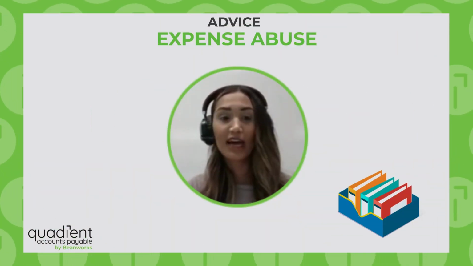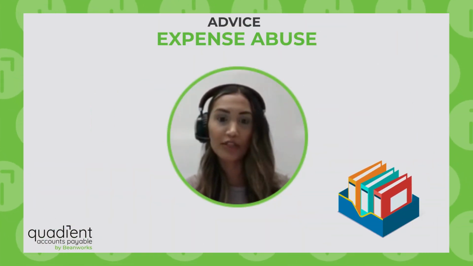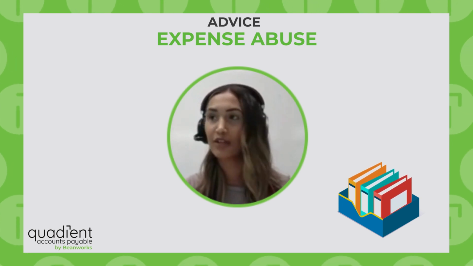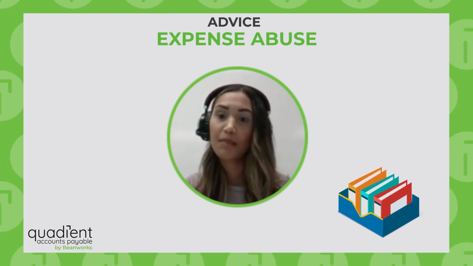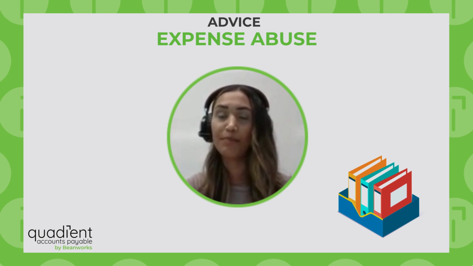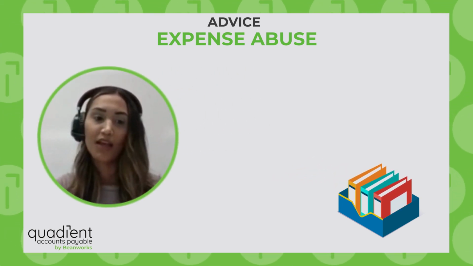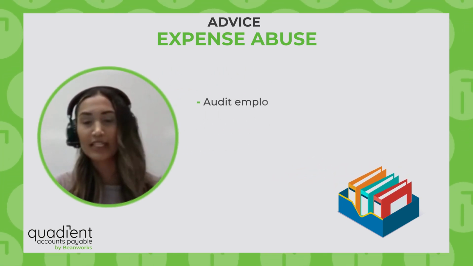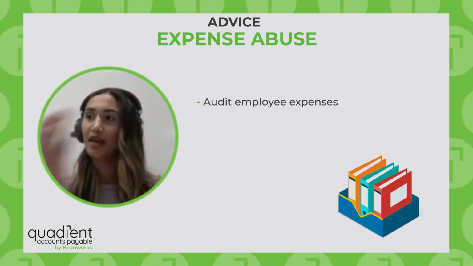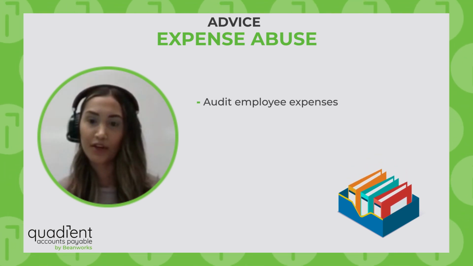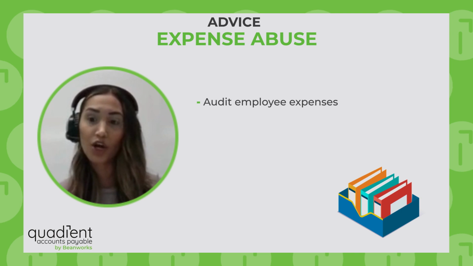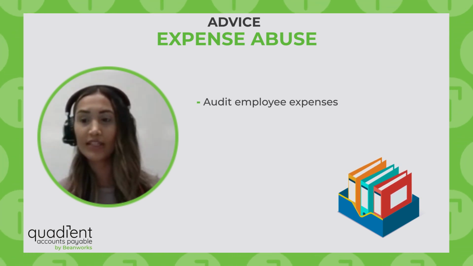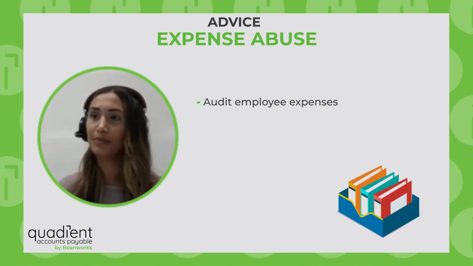So we've discussed how expense abuse represents one of the most significant risk areas for the AP automation team. But there are a few steps you can take to combat it. We recommend auditing employee expenses on a regular basis. In Bob's example from earlier in our session, we saw how regular auditing can reveal irregularities that help detect expense abuse.